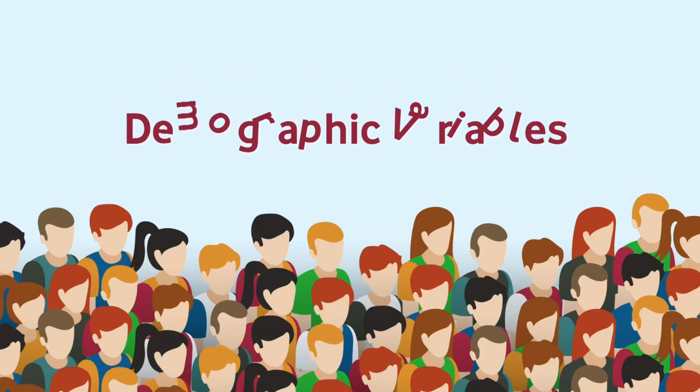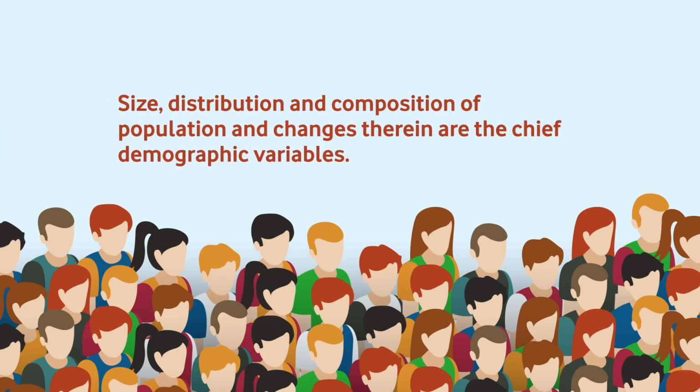For example, demographic variables: the size of the population, the distribution of the population, the composition of the population, the sex ratio in that region. That gives us an idea, so that you can plan for 10, 20, 30 years ahead: if the current population trends are like this in this region, in the future it will be like this.